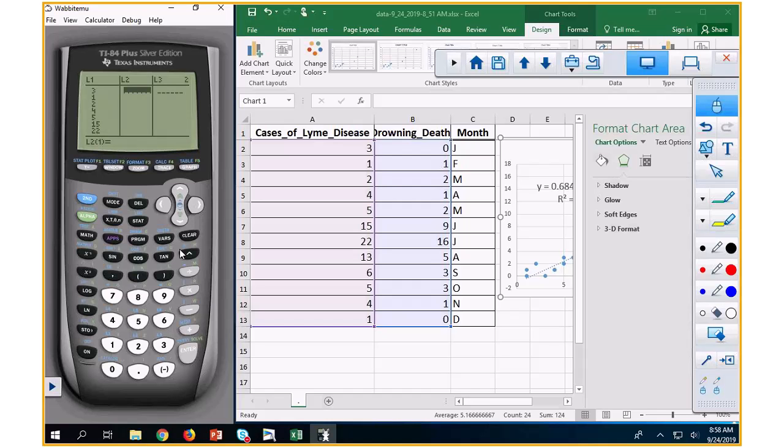And now go over to the other side. 0 and 1, 2 and 1. Takes longer with a mouse. 2, 9, 16, 5, 3, 3, and 1, 0.